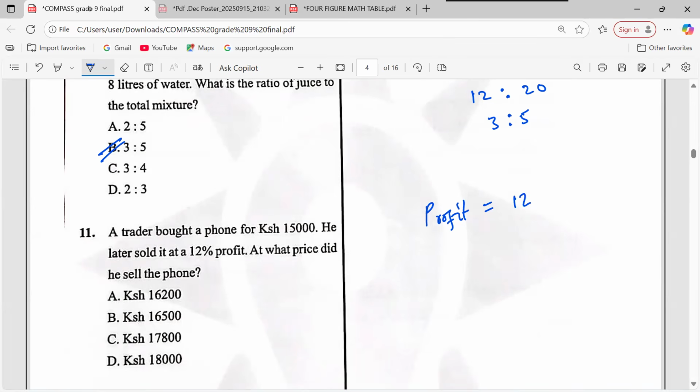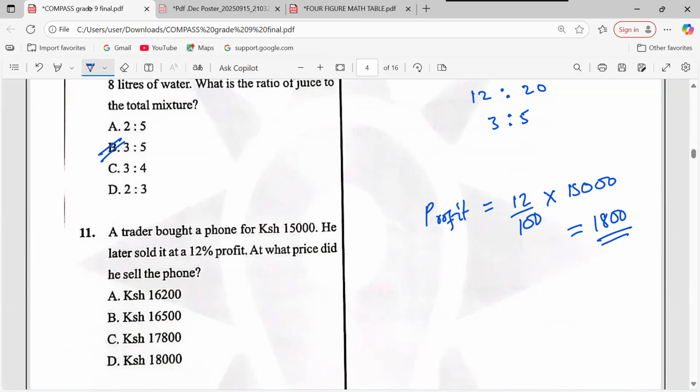So 12% is computed this way that becomes the actual profit. So 12% times 15,000. This will give us 1800. This is now the profit that was realized.